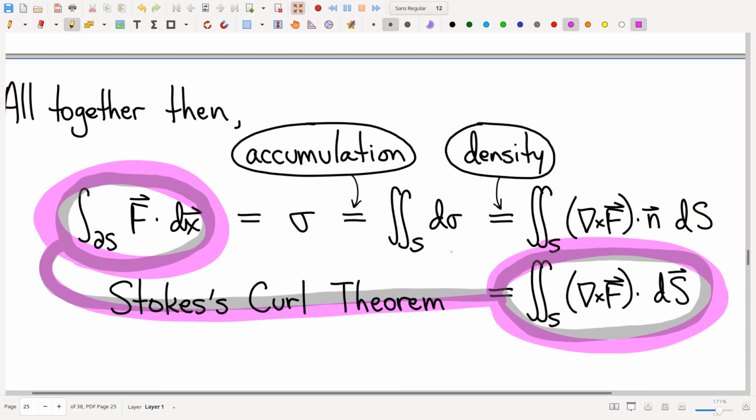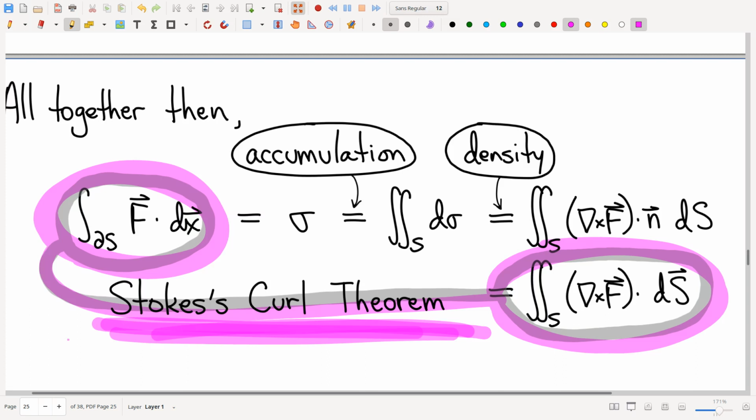It emphasizes that this is not a scalar surface integral of a quantity that involves a dot product, but it's better to think of it as, very simply, a vector surface integral, and our integrand is curl. So this is how I'm going to prefer to write Stokes' curl theorem.